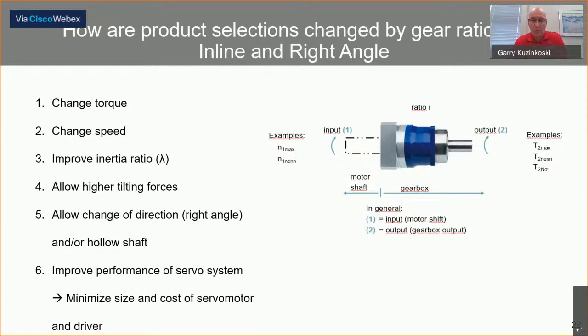We don't want that. So what we do is we try to get the inertia mismatch down to an appreciable level, typically less than 10 to 1 from the load side, from the input side. This also allows higher tilting forces in the output shaft of the gearbox, and I can change direction.